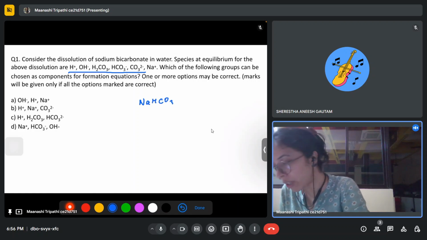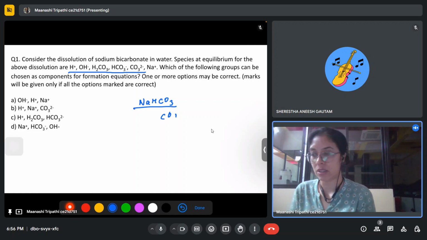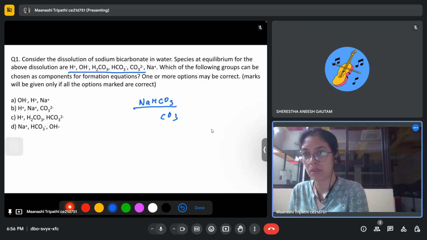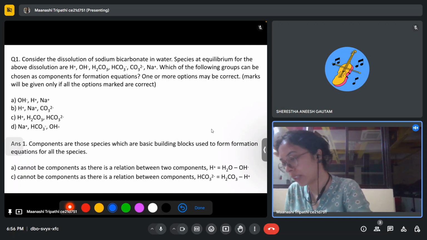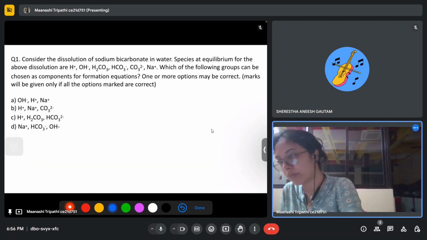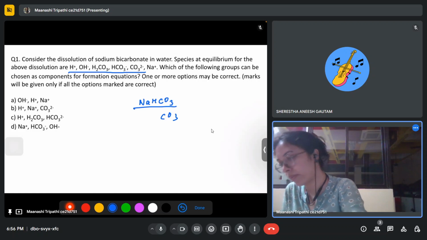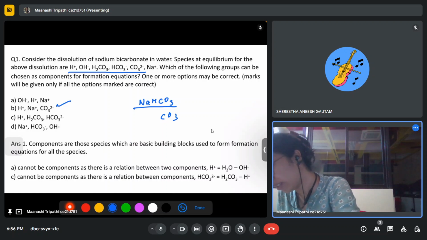For forming sodium bicarbonate itself, we need carbonate also, right? So that's why A is not the answer. That is why the answer is B and D.